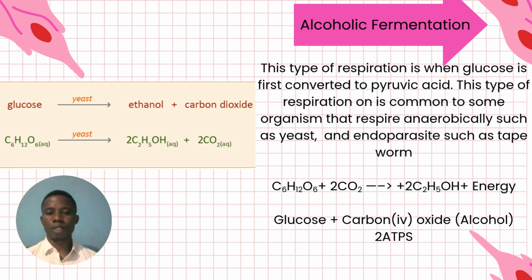This type of respiration is when glucose is first converted to pyruvic acid. It is common to some organisms that respire anaerobically, such as yeast, and some endoparasites, such as tapeworm and roundworm.